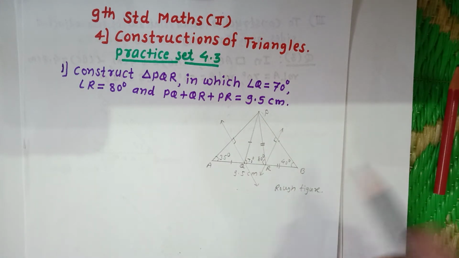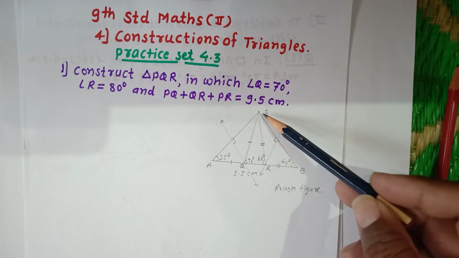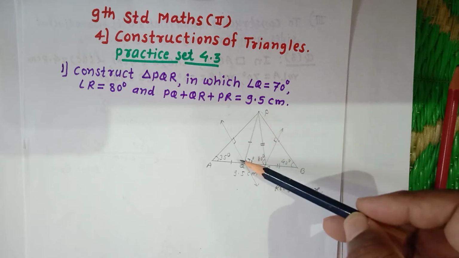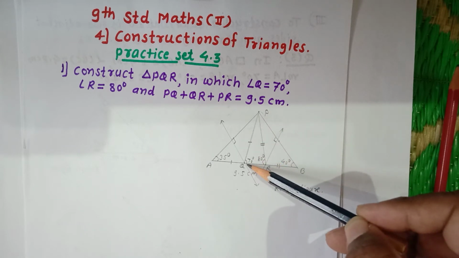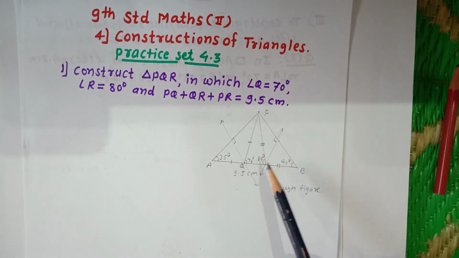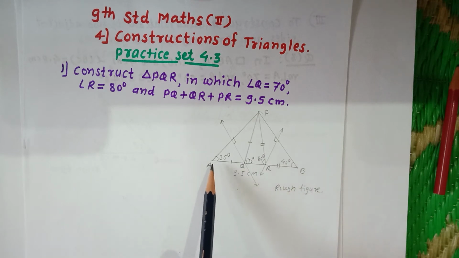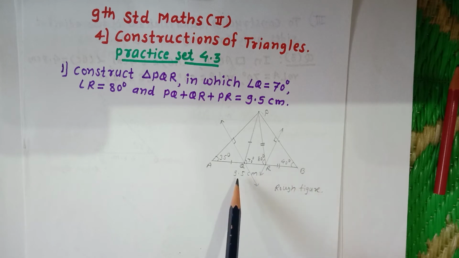Now at first draw the rough figure. This is a rough figure. In this figure, in triangle PQR, angle Q is 70 degree and angle R is 80 degree and AB is equal to 9.5 centimeter, that is the perimeter.